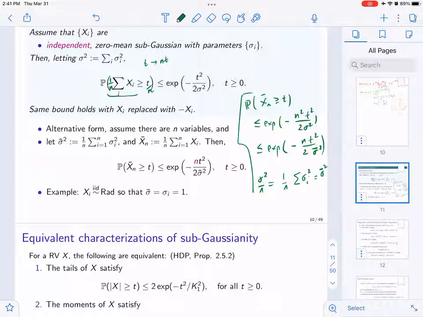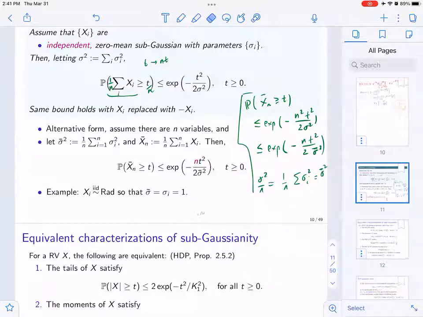In other words, it's like sigma bar over root n is how far you have to move. That's the scale that you have to move to so that the probability drops like e to the negative t factor. So if I do t times this, then the probability would be e to the negative t squared over 2.